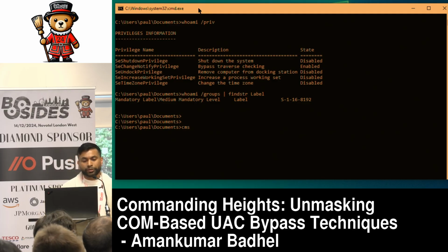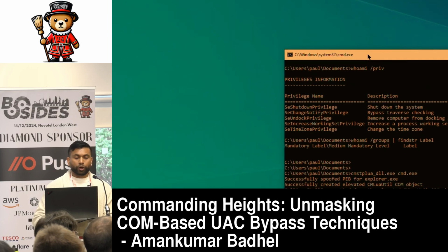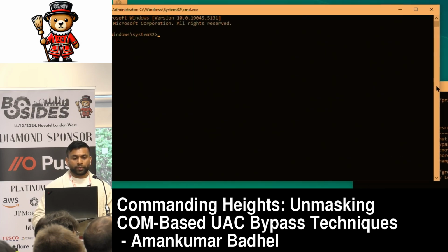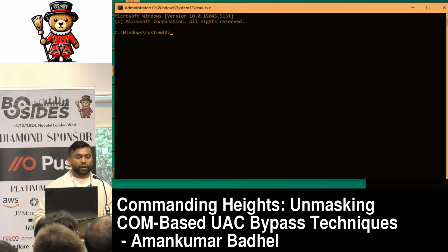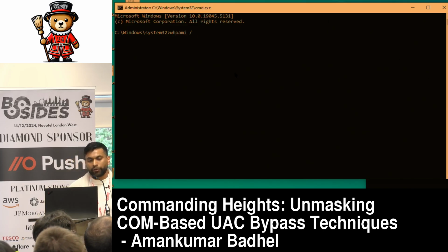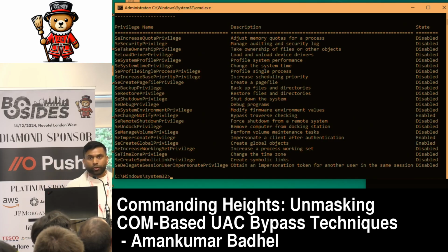Successful execution of the exploit would launch a new instance of cmd.exe with a higher integrity level without prompting for a UAC. And you can see that I have another shell which is currently running at a higher integrity level, with many more privileges compared to the previous one, and that's all without prompting for a UAC.